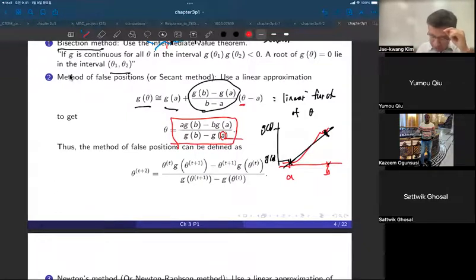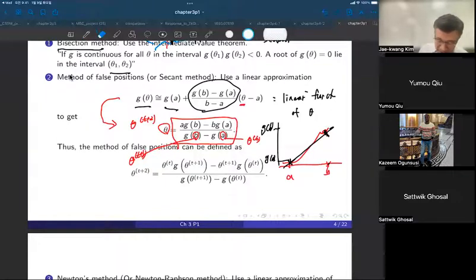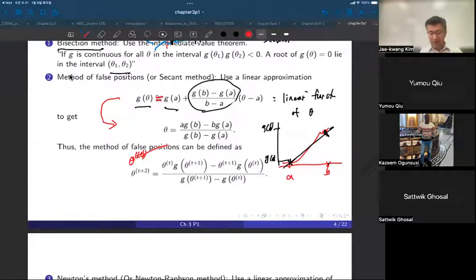So this is zeta t, you have zeta t plus 1, and then your solution is zeta t plus 2. So you can see this is just an approximation, right?